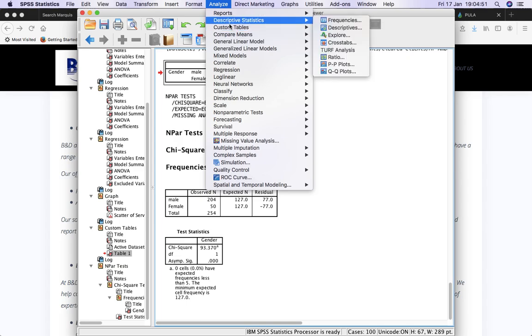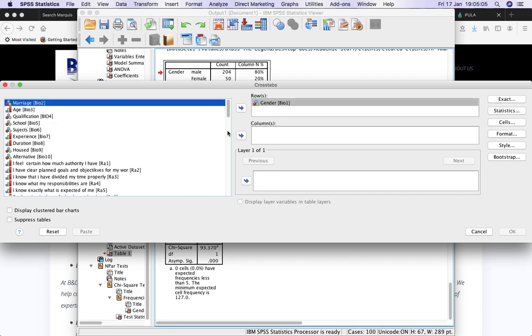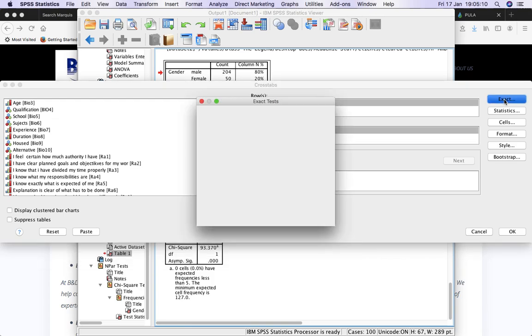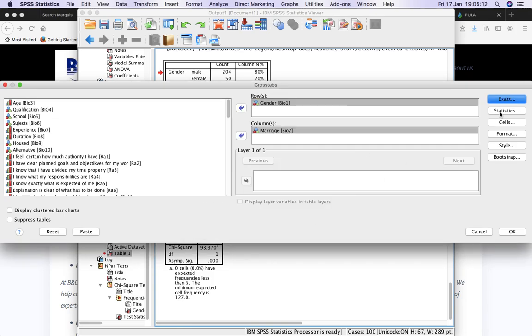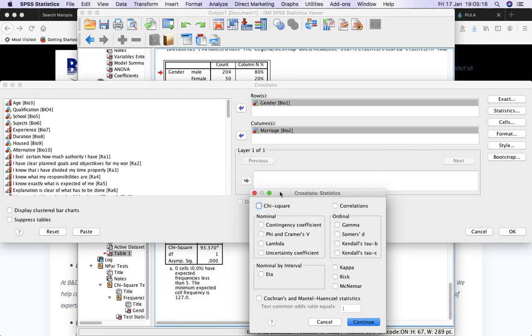So you come to the descriptive statistics and you can use the cross tabs. When you come to the cross tab, maybe we want to see if there is an association between gender and marriage. Let me click on the statistics. We click the chi-square first. Are they nominal or ordinal?